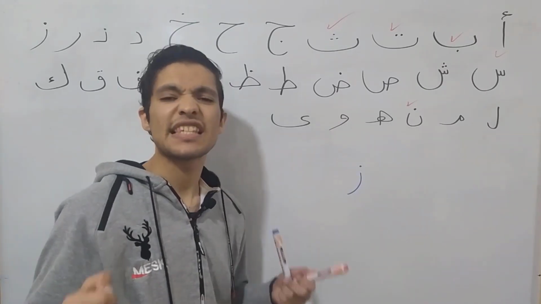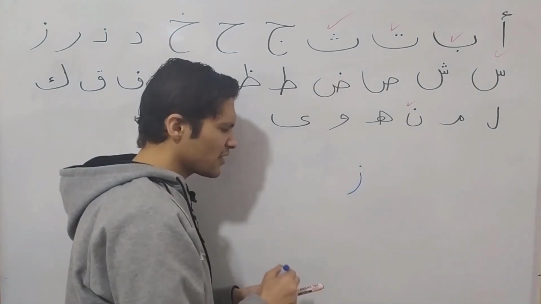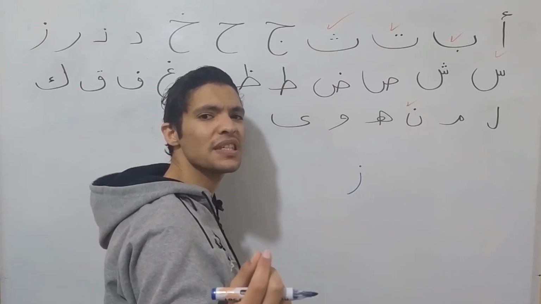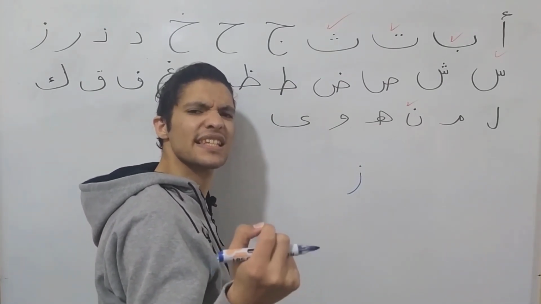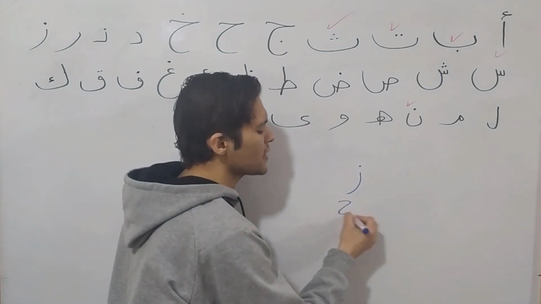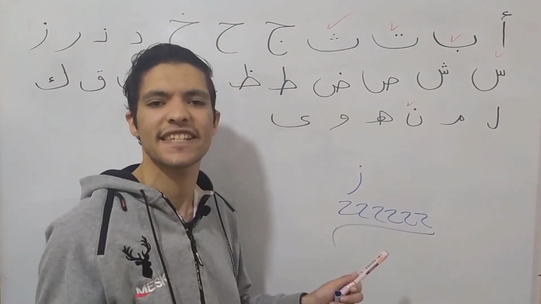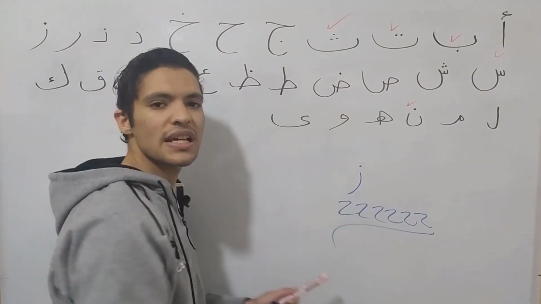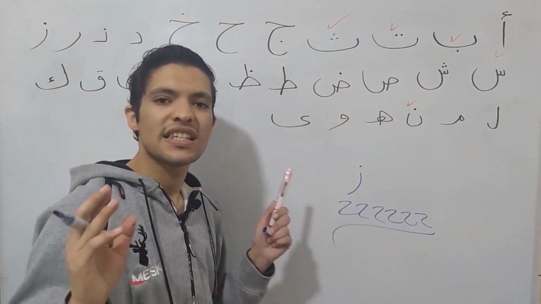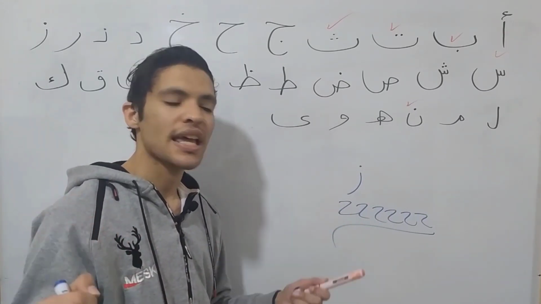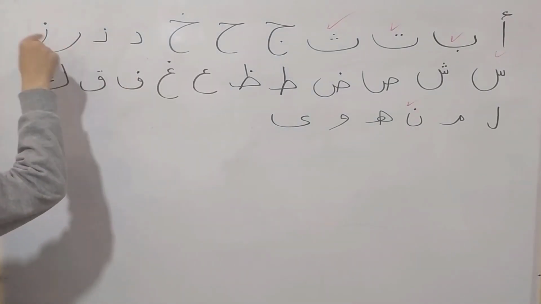Okay, so it's z, and remember, it's just like the sound zzz. This sound, z, zain. Okay, del, ra, zain.